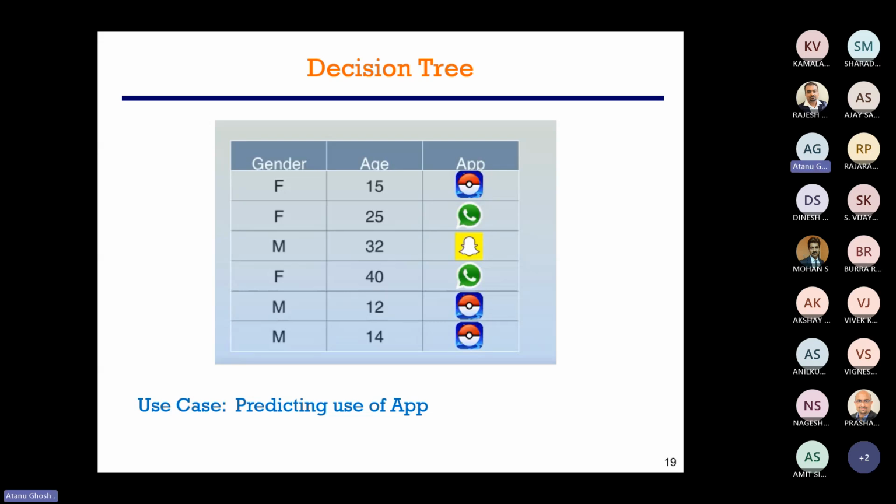And there may be many other features, not just two. So the concept is as simple as this. Why do we need machine learning? We need machine learning only to do the iterations, because it will be extremely time consuming for humans to do all the iterations and finally arrive at the right solution.